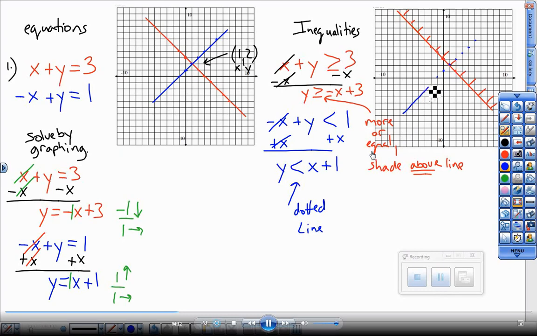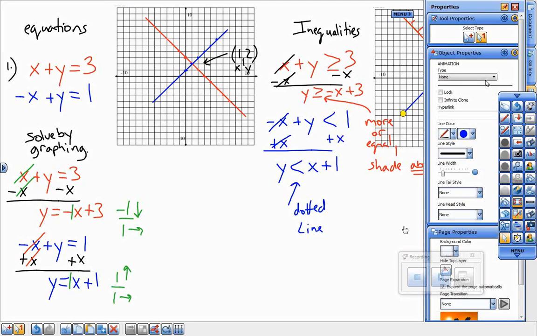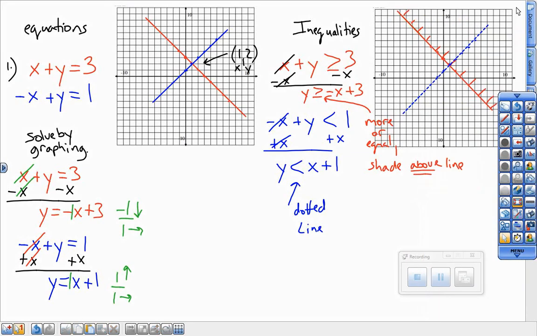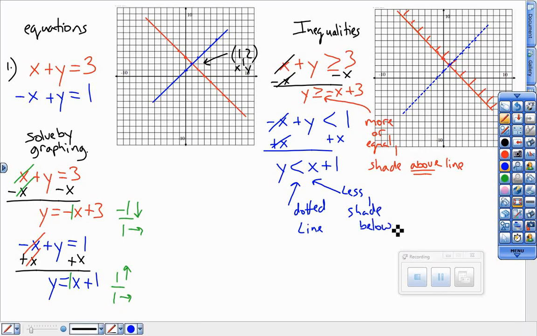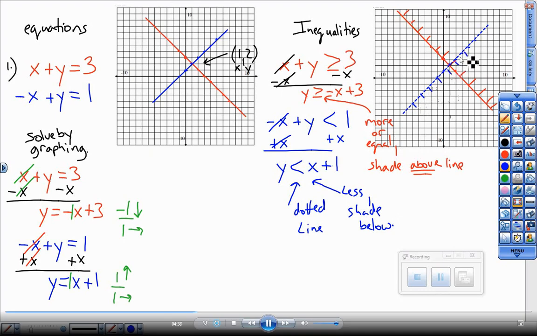That is a line drawn through them that you need to clearly show me is dotted. So clearly on your paper, make sure I could see it's clearly dotted. This inequality is less than, so less than to me is shading below. Anything below that dotted line, not including that dotted line, is good to go.